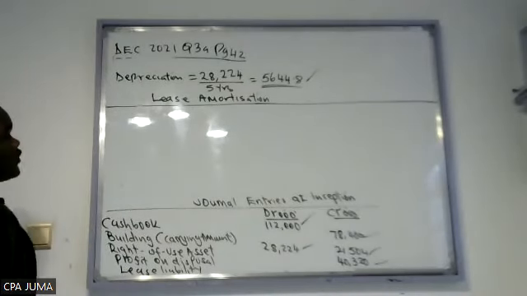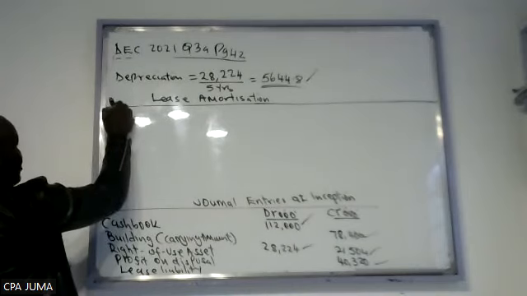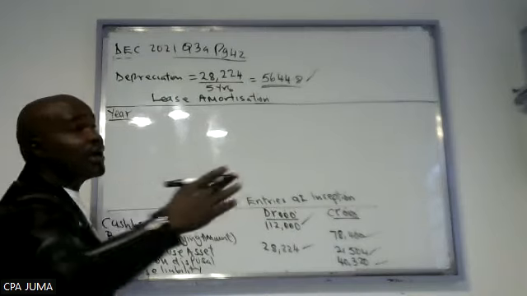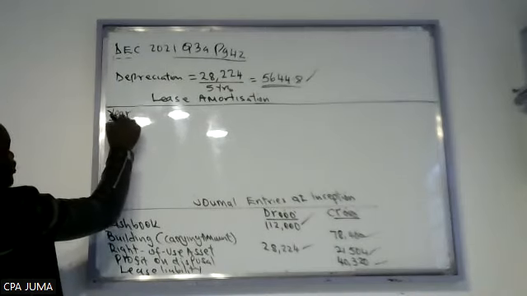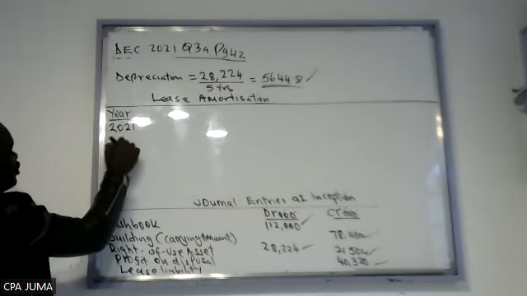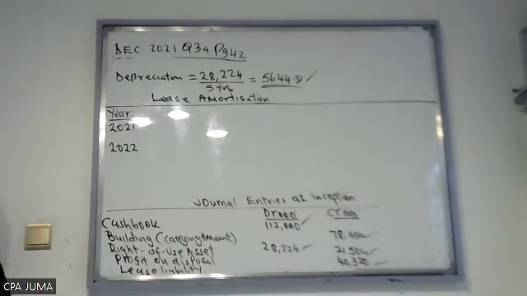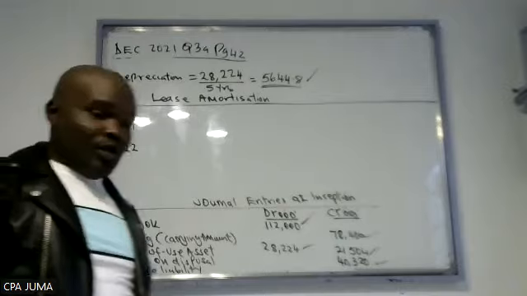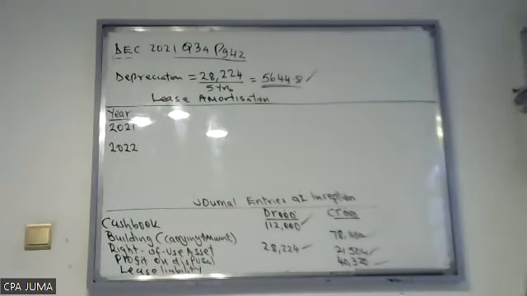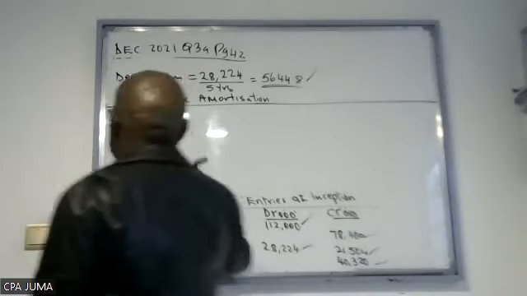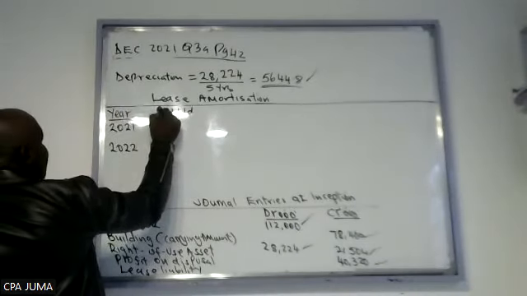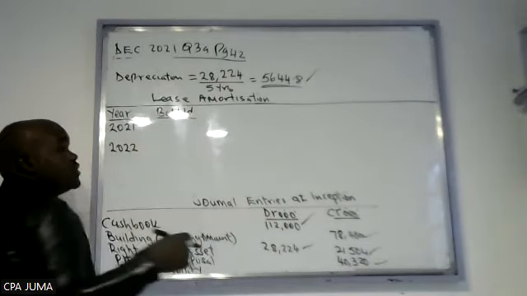So in the lease amortization, I will have here year. So here is 2020, 2021. So I'll call it 2021. By extension, I'll go to 2022. So I'll say here balance brought down.